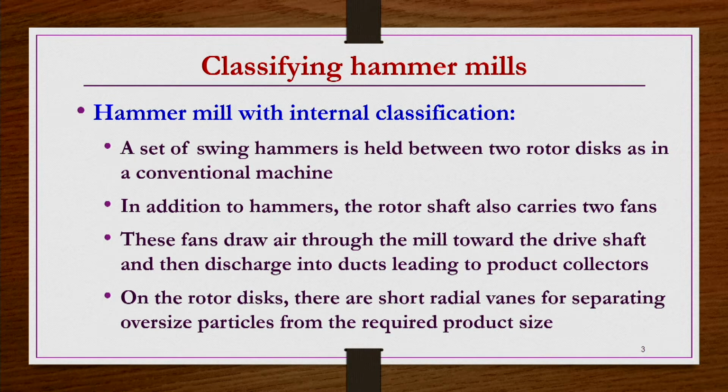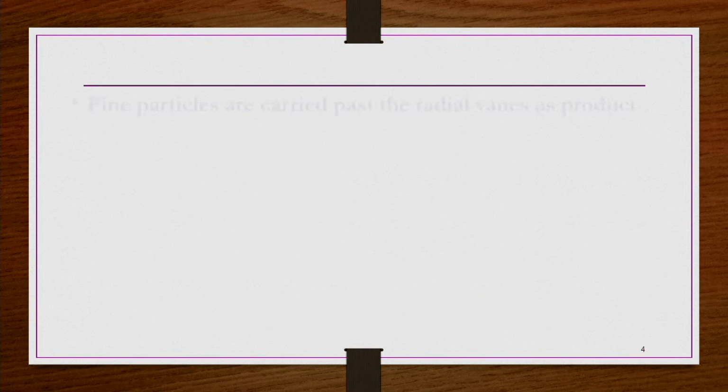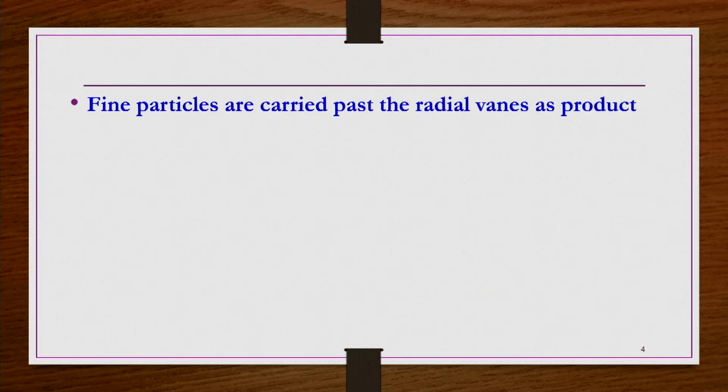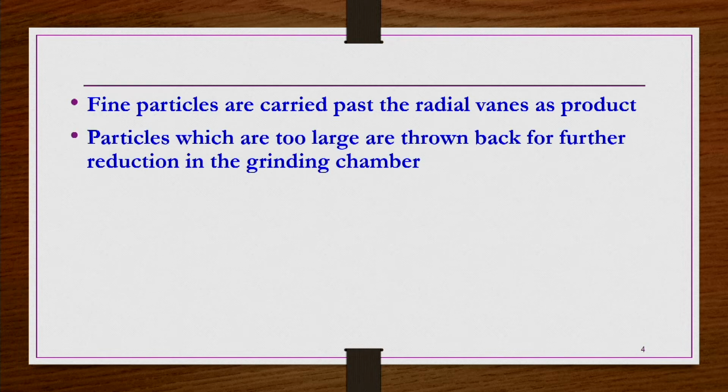On the rotor disc, there are short radial vanes for separating oversized particles from the required product size. The fine material is carried past the radial vanes as product, whereas particles which are too large are thrown back for further reduction in the grinding chamber.